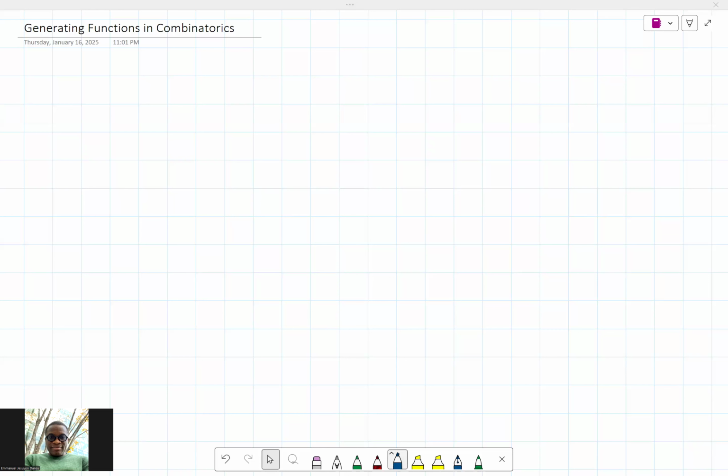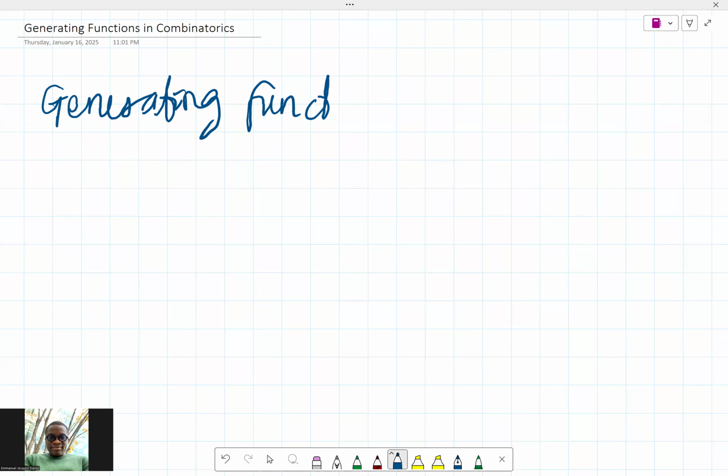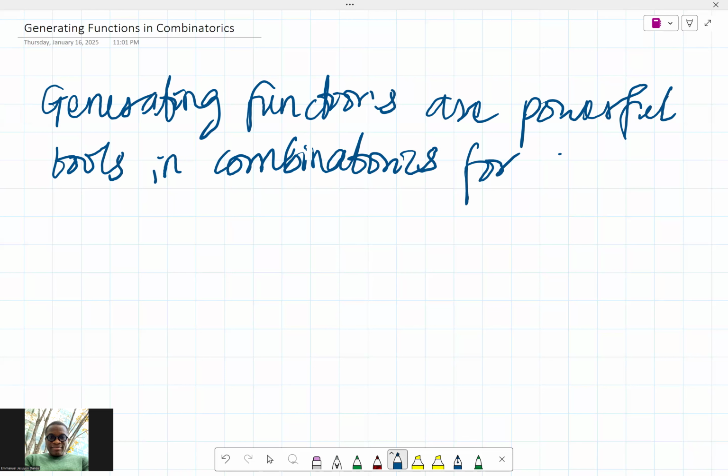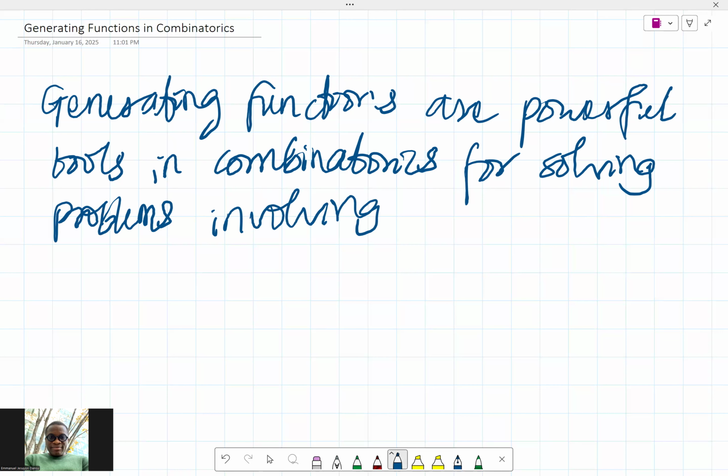Now, we know already that generating functions are powerful tools in combinatorics for solving problems involving recurrence relations, counting partitions.